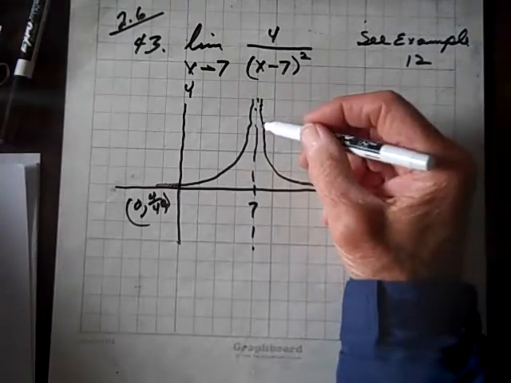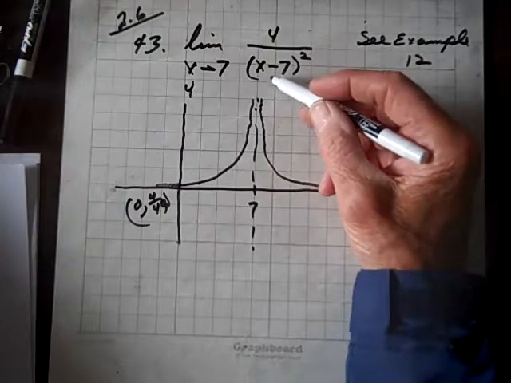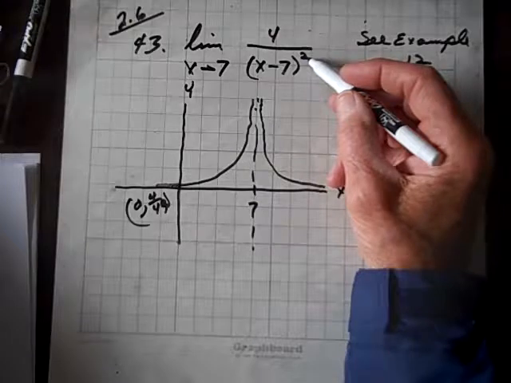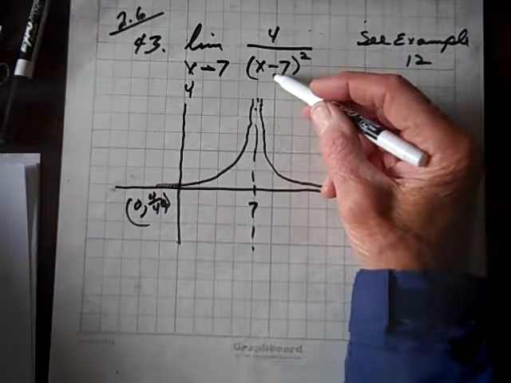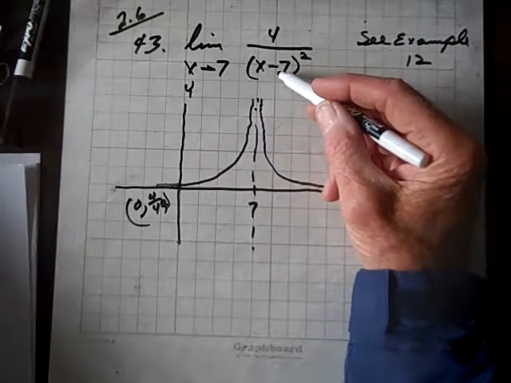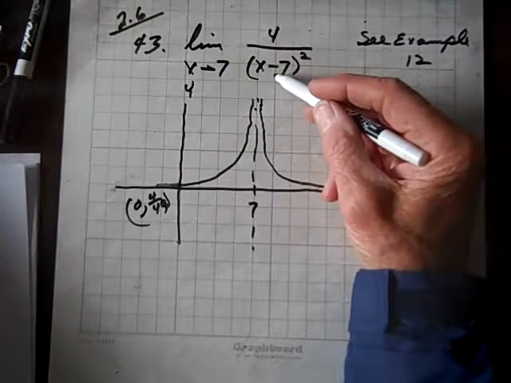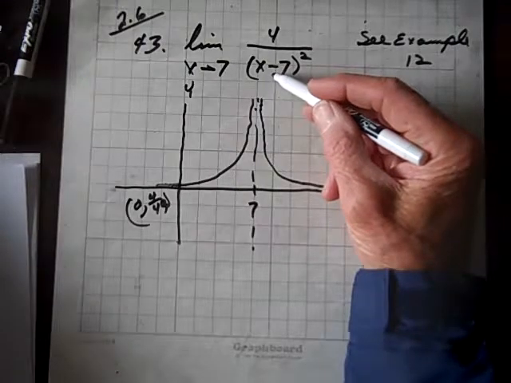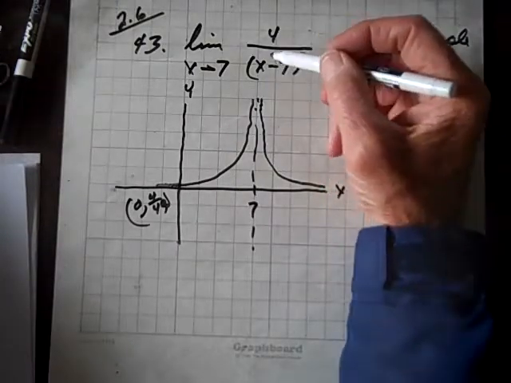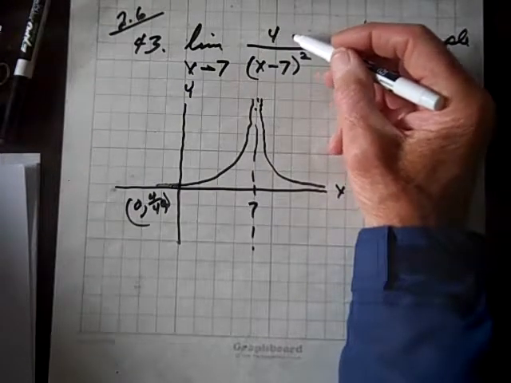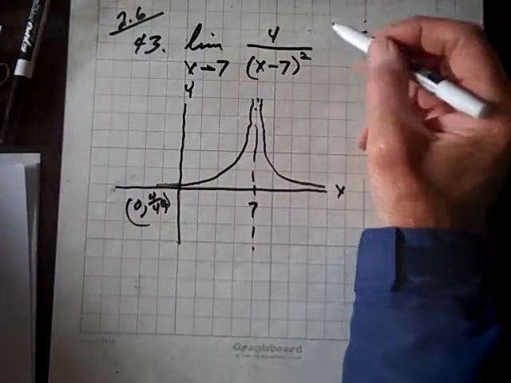Now, the reason it is graphed like this is because this denominator is always going to be positive because it's squared, and the closer we get to 7, the difference between these two values will be smaller and smaller. It'll be like 1 over 10, 1 over 100, 1 over 1,000. And when you invert and multiply, then you'll get 4 times 10 is 40, 4 times 1,000 is 4,000, and so on.